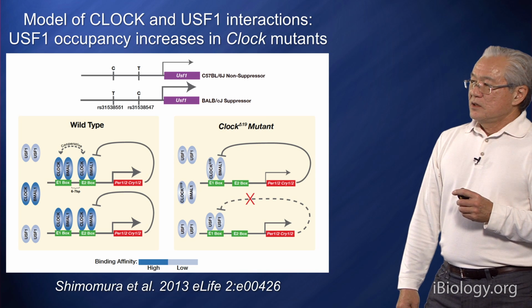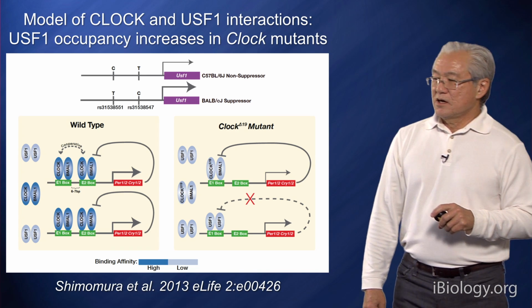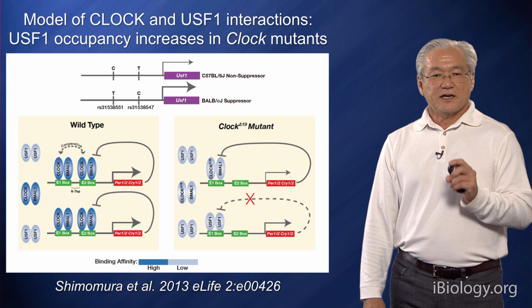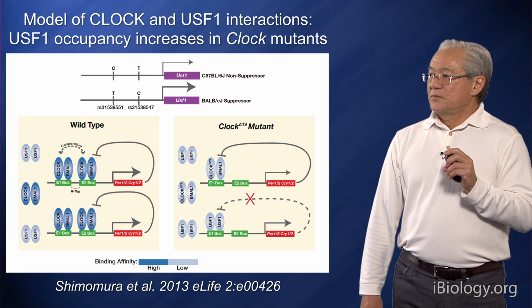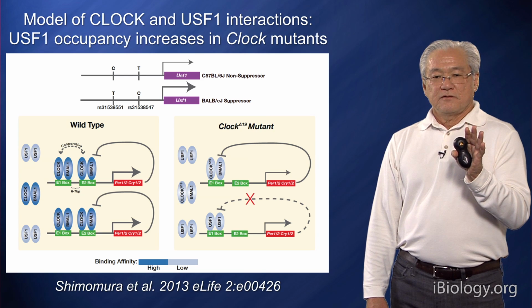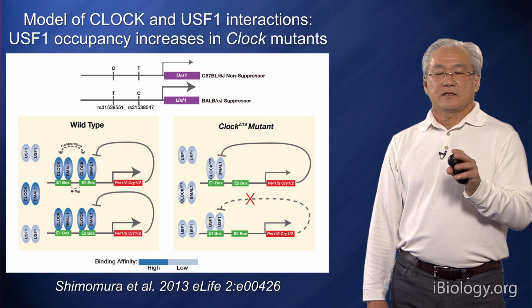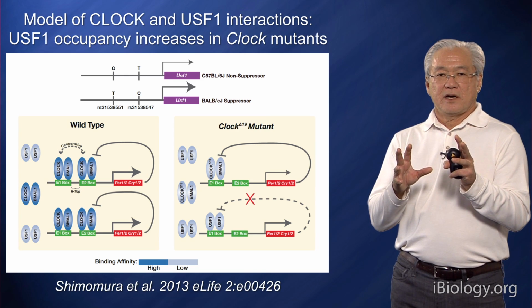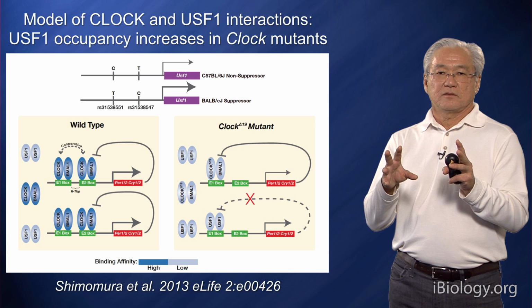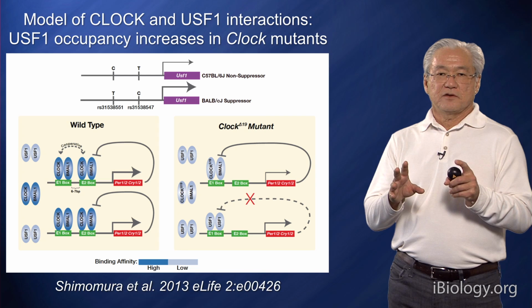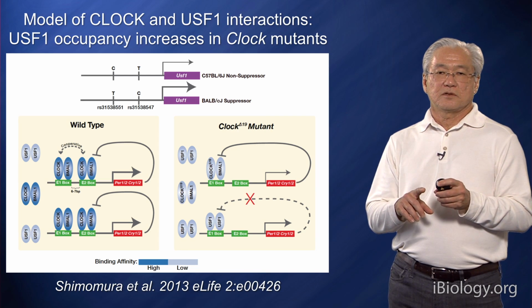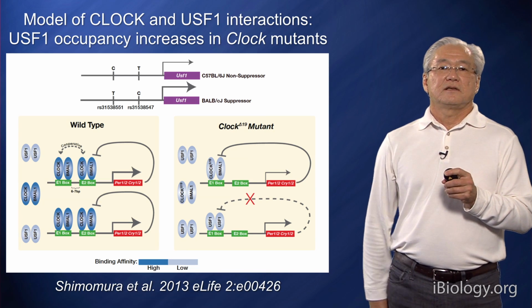And so we can see in this very complex genetic interaction analysis that additional factors can interact with clock BMAL at a transcriptional level, compete for binding, and actually replace the function of a mutant clock protein to rescue or suppress that behavior.